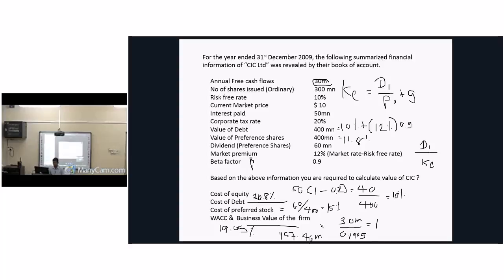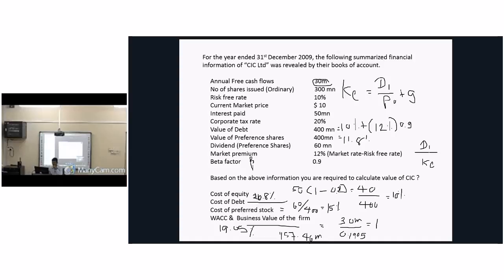and then you can arrive at the value of the firm by using the free cash flows, or you can even use the fixed dividend. It's an assumption: we assume that the same dividend will be paid for the future. With that assumption, we can calculate the value of the firm by using the income approach.